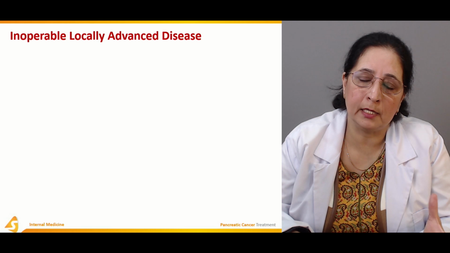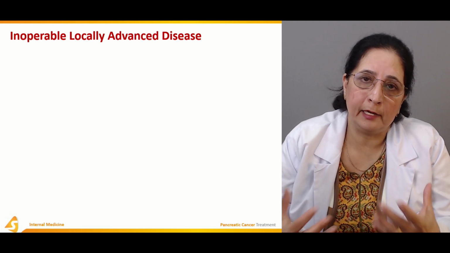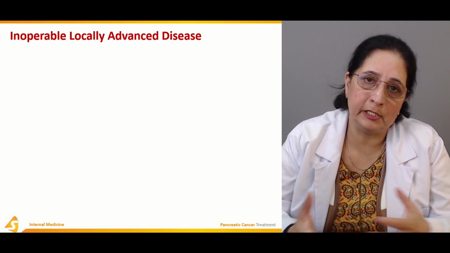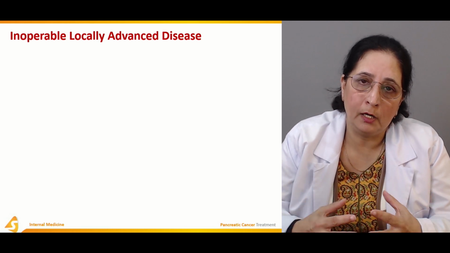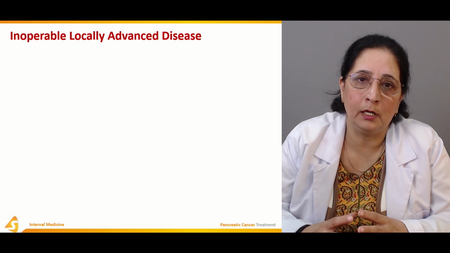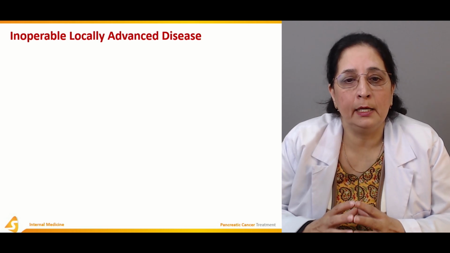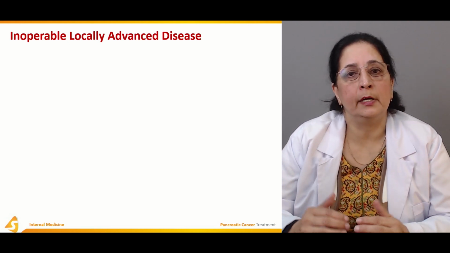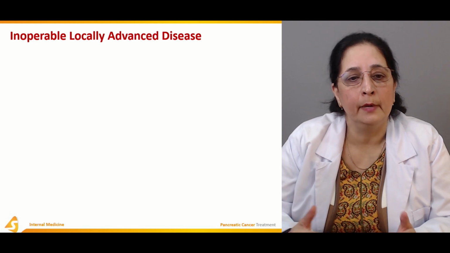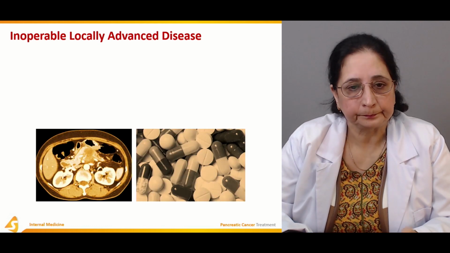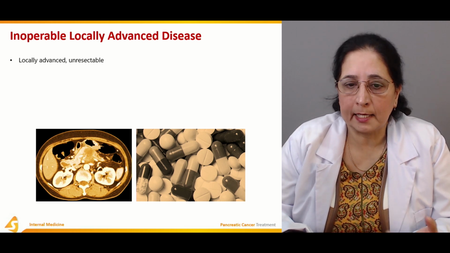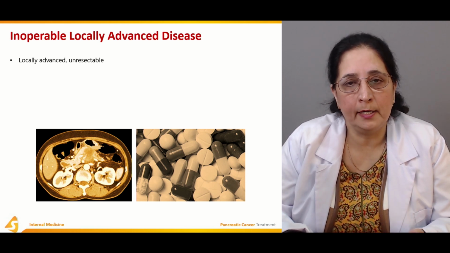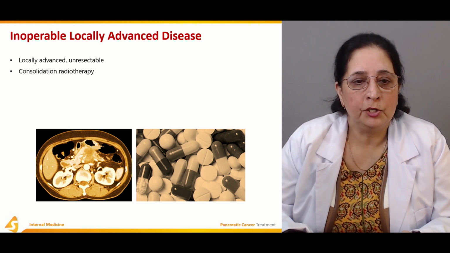If we see the pancreas, then we have the biliary tree, then the duodenum, which is a C-shaped structure. All these structures can be infiltrated locally, and this disease again becomes inoperable. Locally advanced is unresectable because it's already advanced in the regional area.